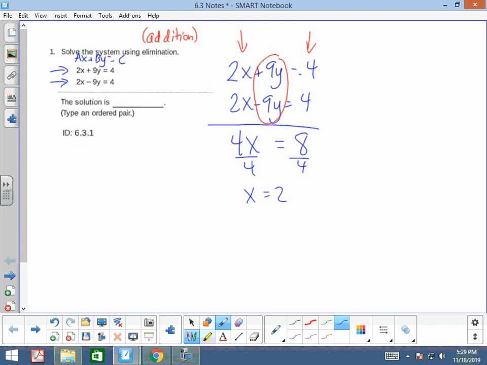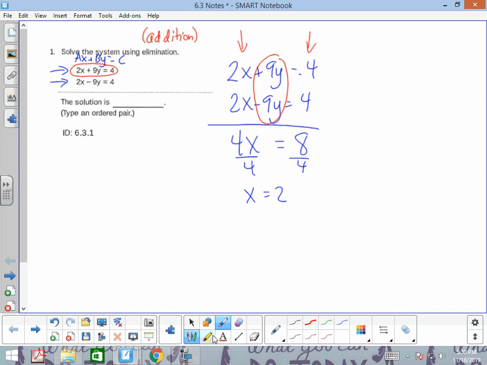So now we go back to, I usually go back to one of the original equations. I try to pick the one that to me is easiest. To me, the easiest one is the one that has all positives. Okay, so I'm going to take that equation number 1, and I'm going to take the x that I found and plug it into that equation.